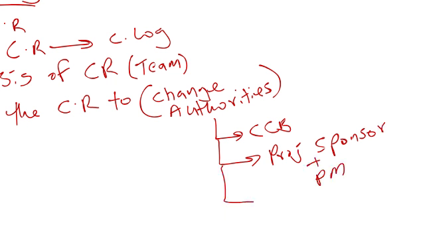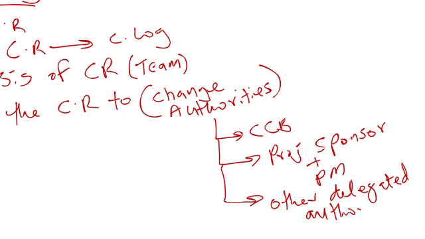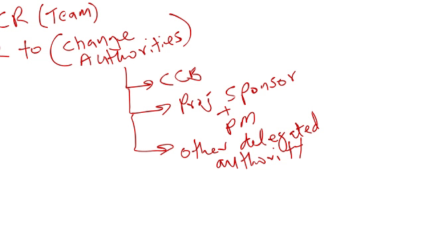Your change authority could be some other delegated authority. It does not always have to be the change control board. Some companies have portfolio steering committees, and they take charge of changes made at various levels. So it doesn't always have to be the CCB.